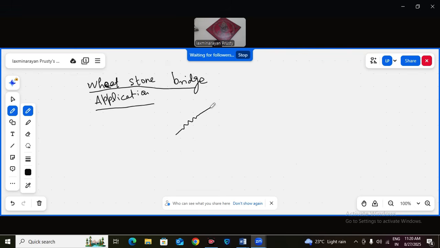It's a combination of resistors in this manner, as you can see.